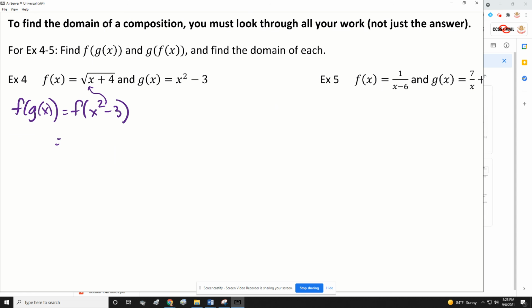I'm still going to have the square root, but instead of x plus 4 under the square root, we replace the x with x squared minus 3, and then we still have the plus 4. Then I would simplify if I can underneath the square root, and all I can really do is add negative 3 and 4, and that's it. That's all we can do. We're done at this point. That is the value of the composition.